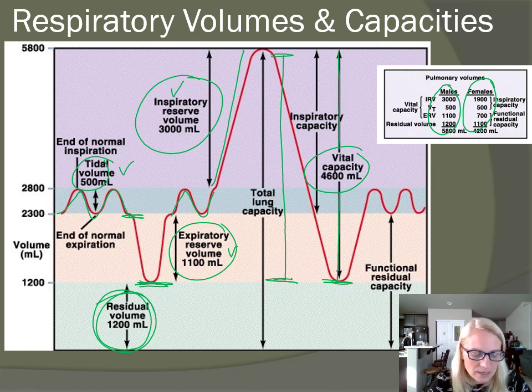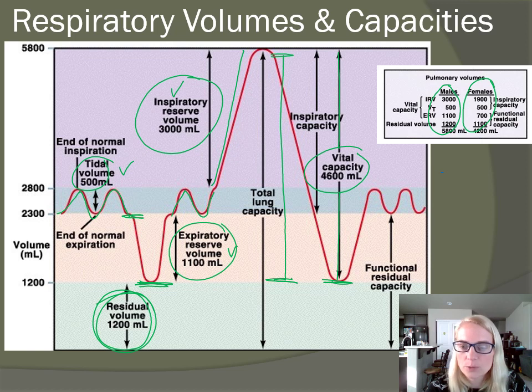So in the notes, there are our respiratory rates. We have these variables, V sub E, or it's actually capital E. V sub E is your respiratory minute volume. How much air are you moving within a minute?